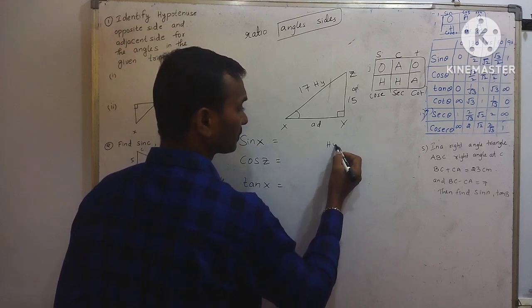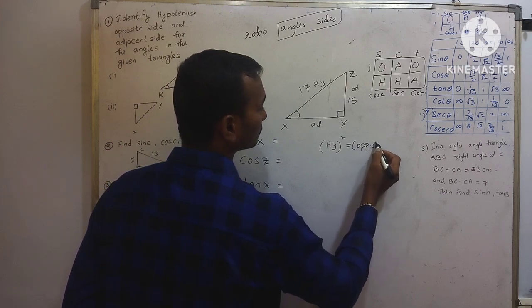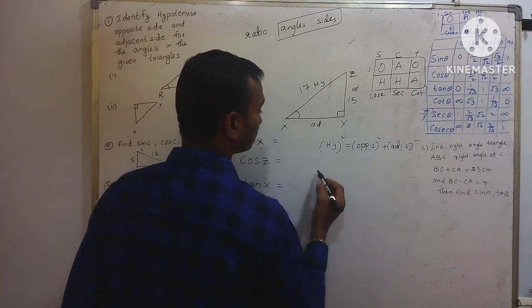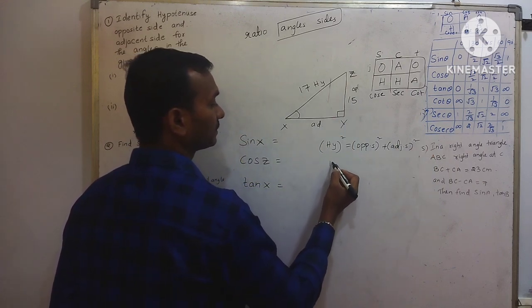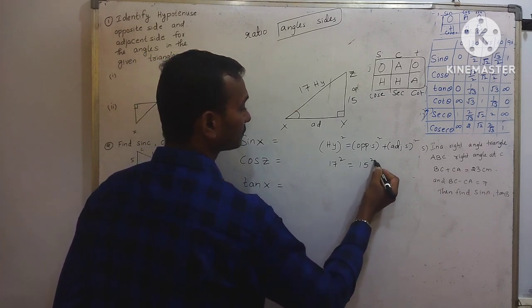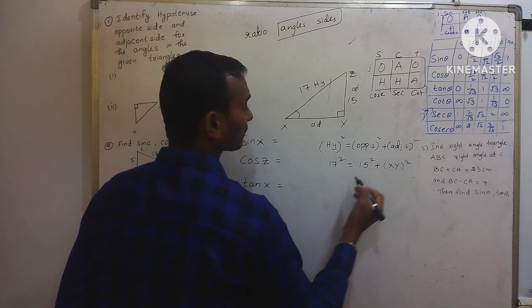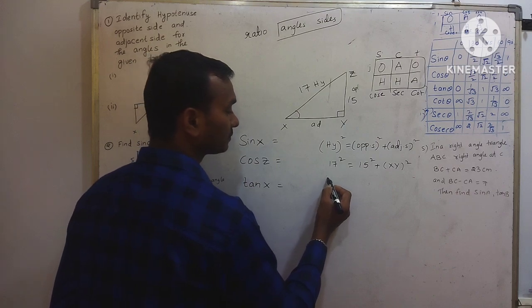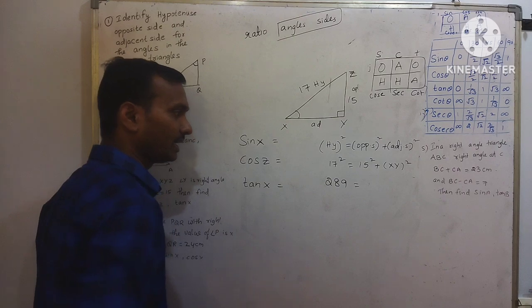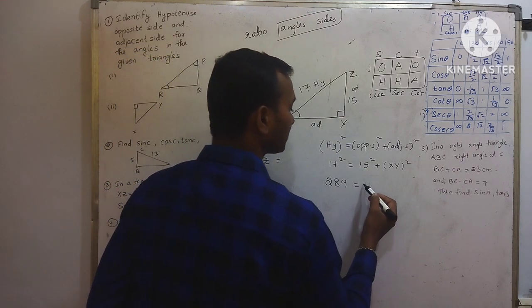So hypotenuse square is equal to opposite side square plus adjacent side square. 17 square is equal to, opposite is nothing but 15, adjacent will be XY. So 17 square is nothing but 289. 17 into 17, if you multiply, we will get 289. 15 square is nothing but 225.